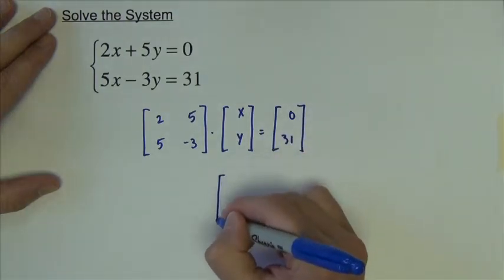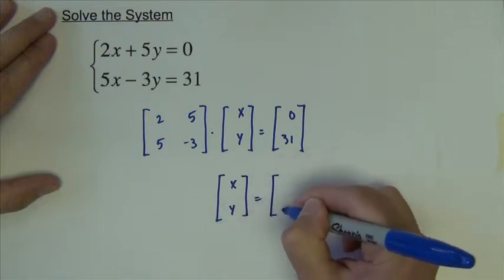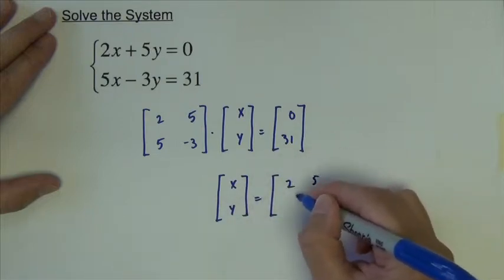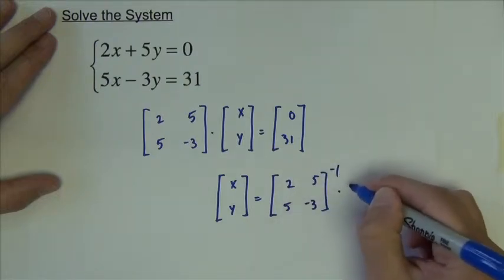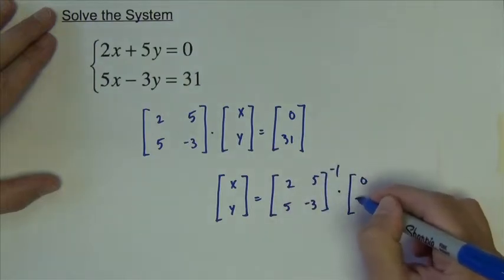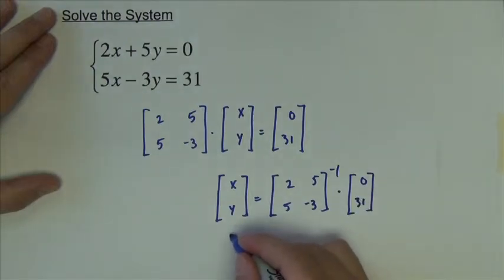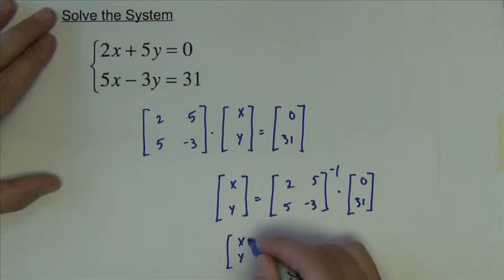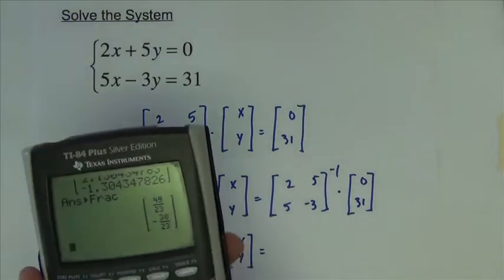So therefore x, y is equal to the inverse of this 2 by 2 matrix times the 0, 31. That's going to be calculator work now, so I'm going to type all this in.